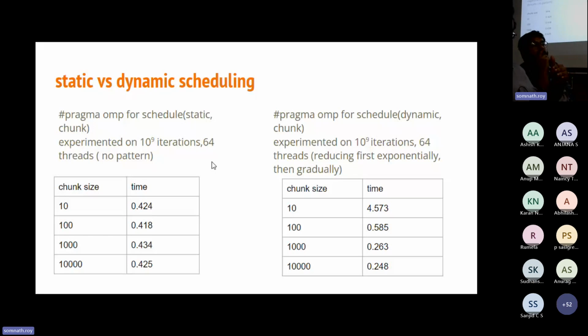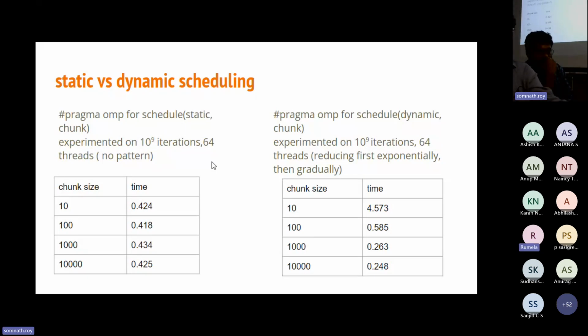In static, all the threads have a kind of parallel synchronization. There will be synchronization until all the threads complete the execution of the chunk size number of iterators. So it will wait until all the threads have completed the execution.